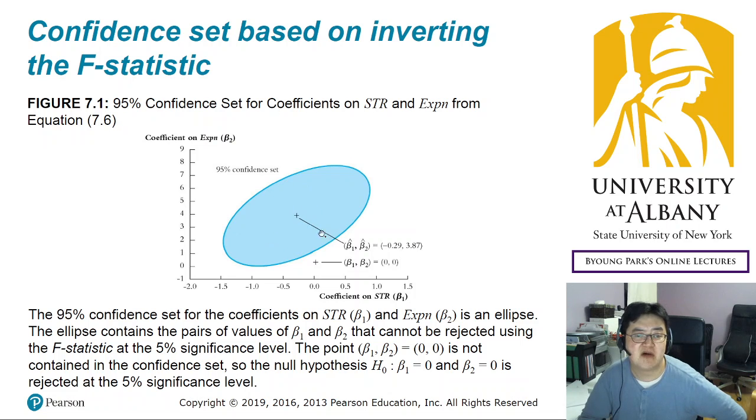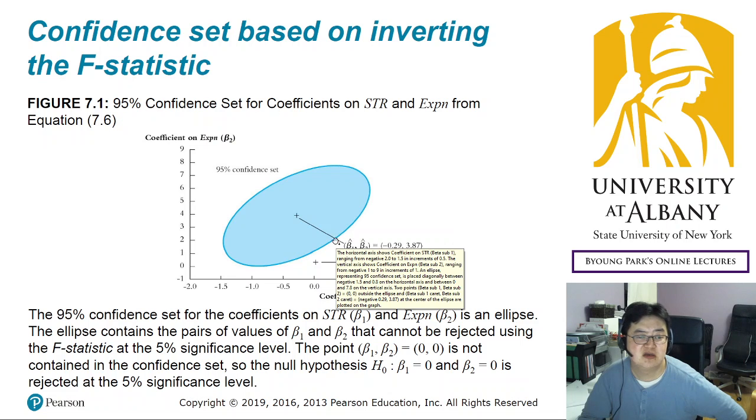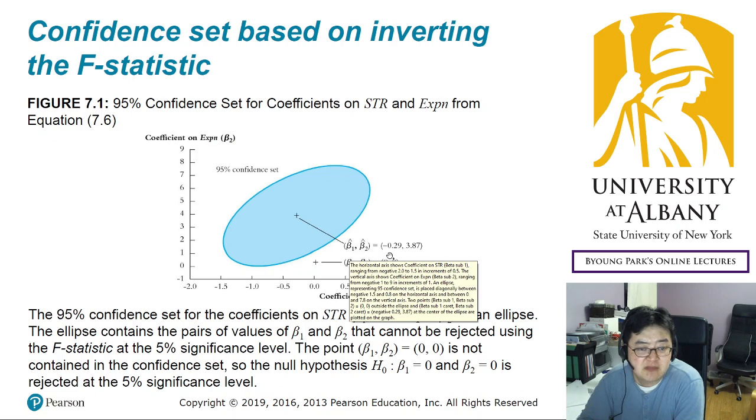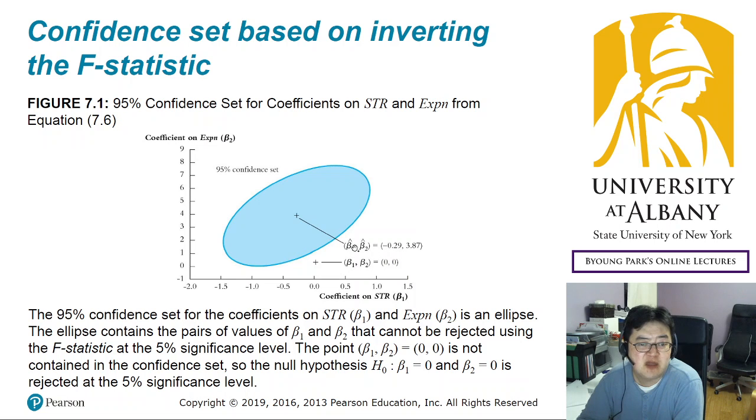It is an ellipse around the middle point, which is the point estimator. This ellipse is the 95% confidence set of these two coefficients. Remember, beta 1 is the coefficient of student to teacher ratio, and beta 2 is the coefficient of expenditure per student. The beta 1 estimate is minus 0.29, and the beta 2 estimate is 3.87.